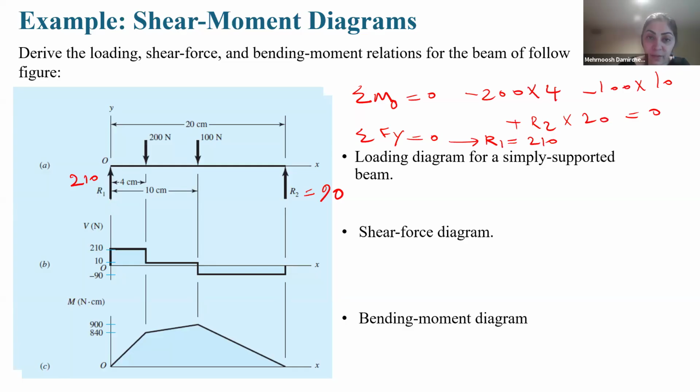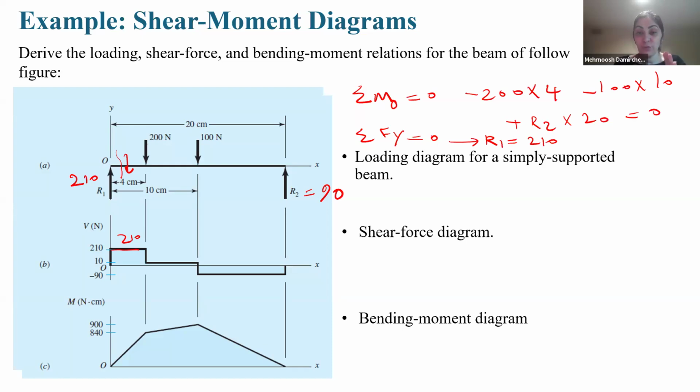Okay, I start from here. If we consider V here, R1 is positive, so V is 210. Okay, I agree, it is 210. As soon as we reach another concentrated load, there is a jump.